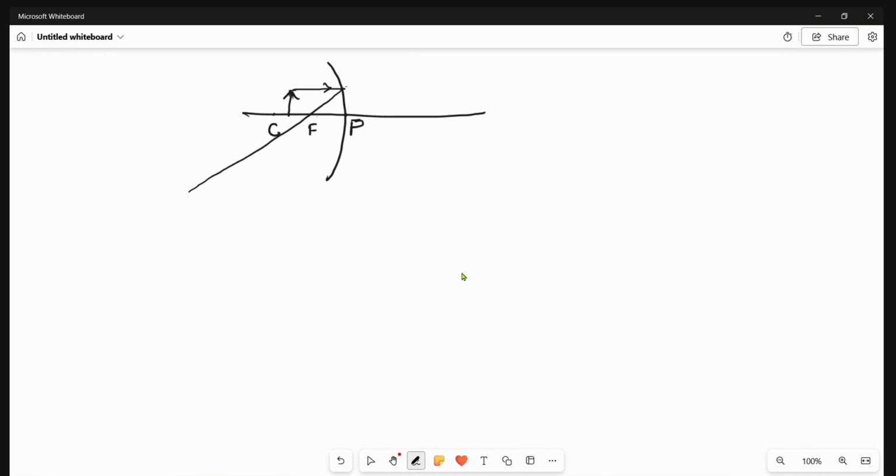Then another ray in the direction of the C retraces its path.